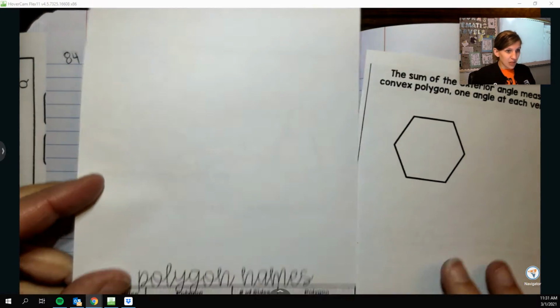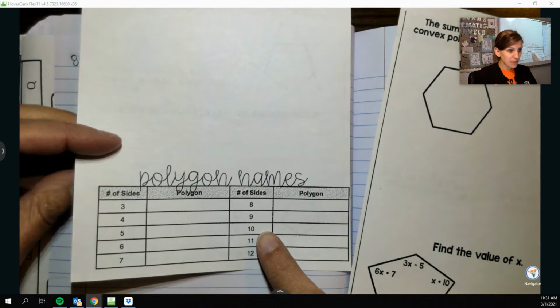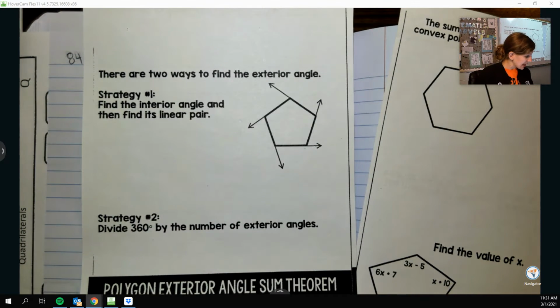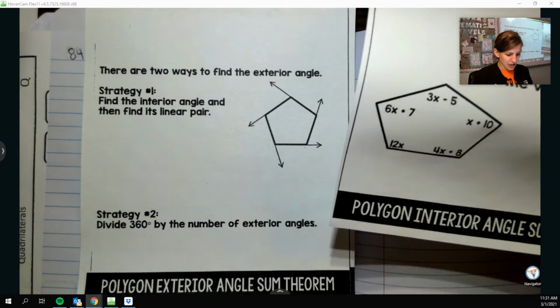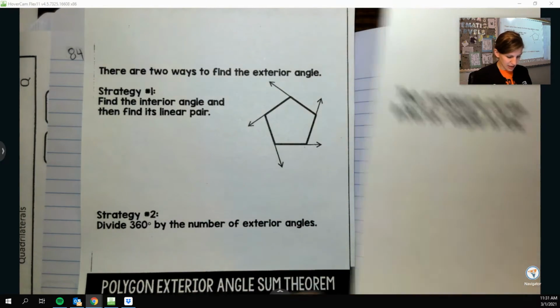And then the one that says polygon names on it, we're going to flip that one over so that you're looking at polygon exterior angles at the bottom. And then above that, you're going to want to see the words finding the number of sides.